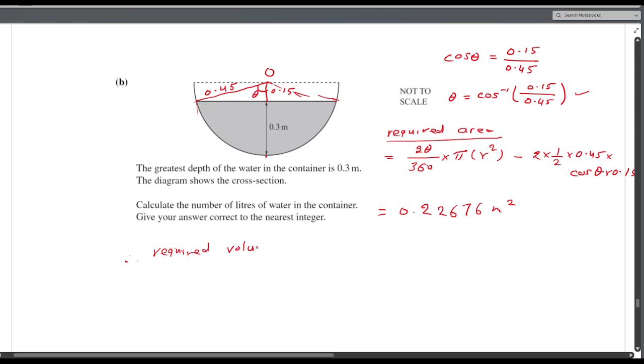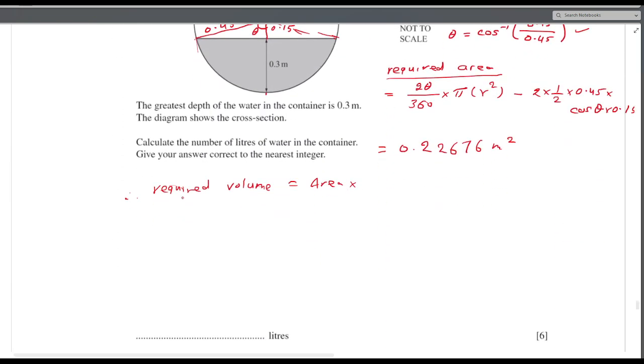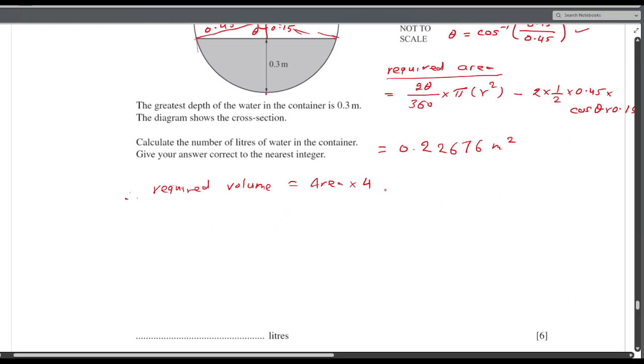And therefore required volume is area into length. Length is 4 meter, so this whole thing will multiply by 4.